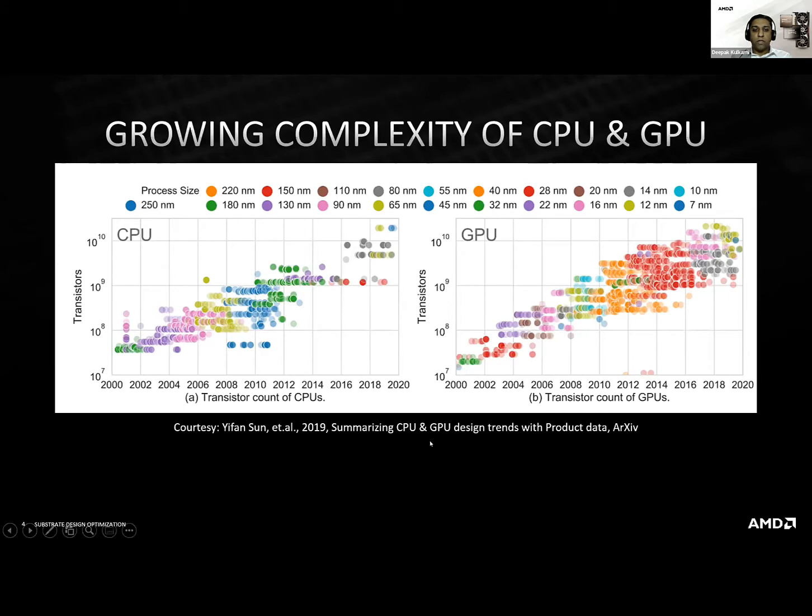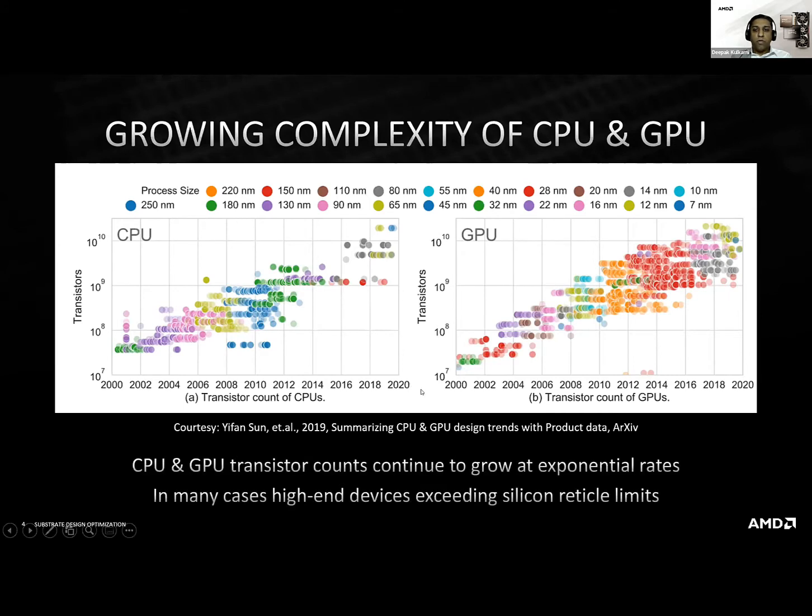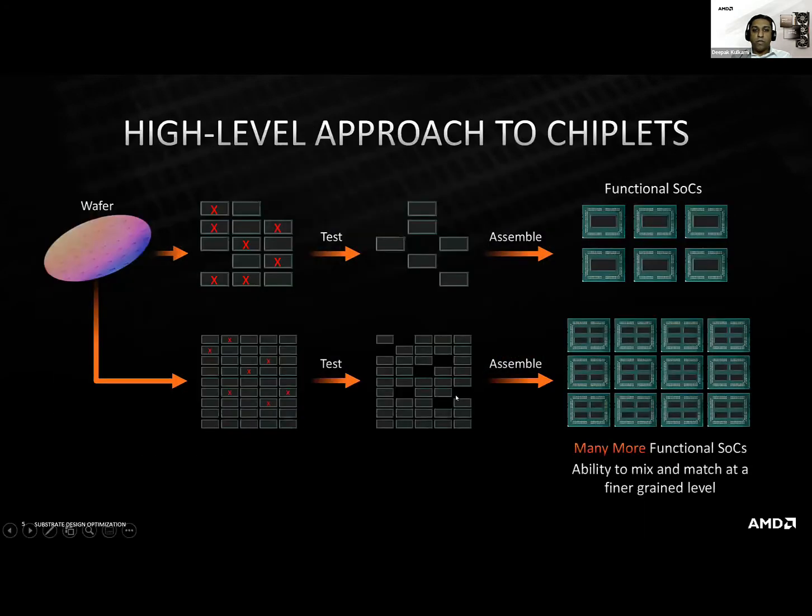So in essence, we are continuing to see this exponential demand. And as this demand for compute increases, in many cases these high-end devices require transistor densities and numbers of transistors that far exceed the current reticle limits. So how do we address this increased demand?